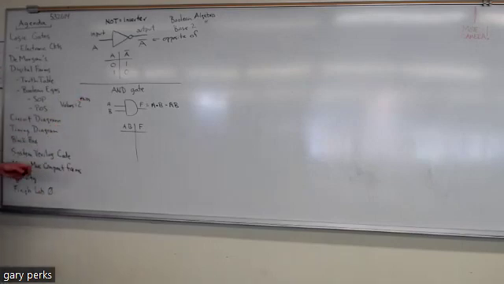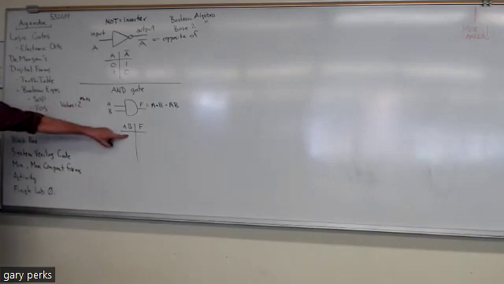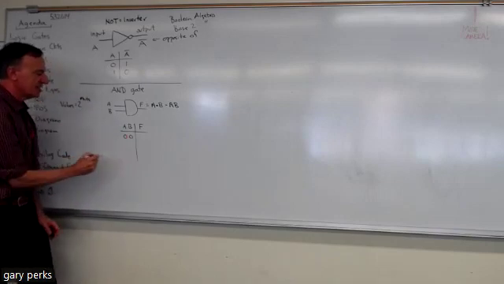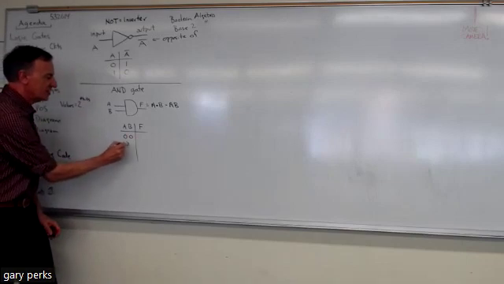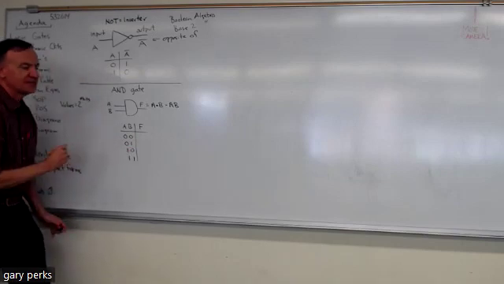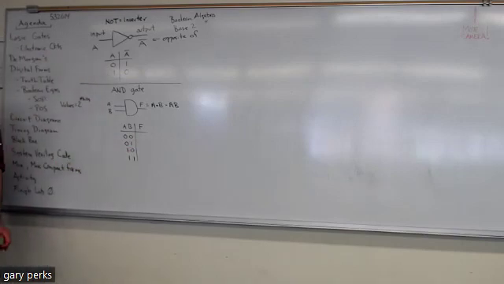Right? So if you have 2 inputs, meaning that you have a total of 2 bits, you can have 4 unique combinations because both bits could both be 0 at the same time, or this could be 0 and this could be 1 at the same time. This could be 1 and that could be 0 at the same time, or they both could be 1 at the same time. Okay.